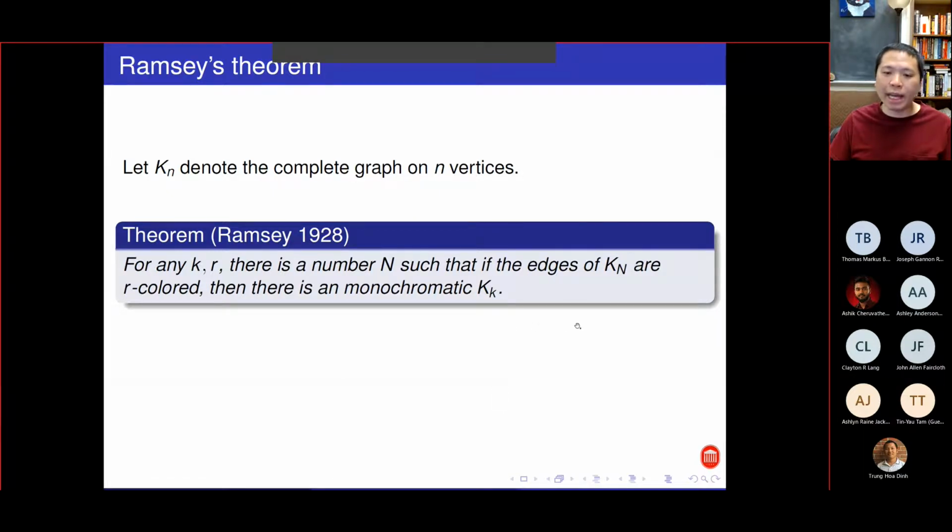Monochromatic means that all the edges of that graph have the same color. So if we fix a number k, say 7, and if your n is big, and you color the edges of K_n by 10 colors, then you can find a copy of K_7, all of whose edges have the same color.